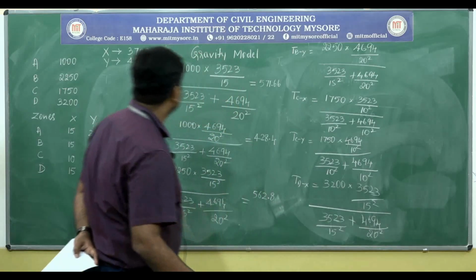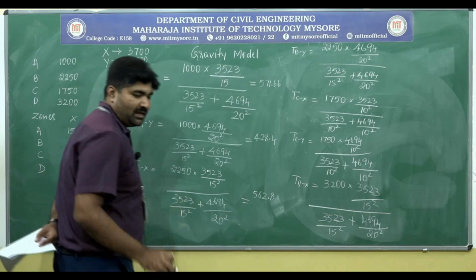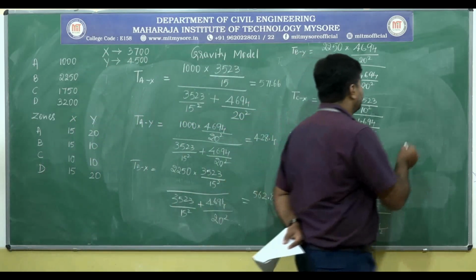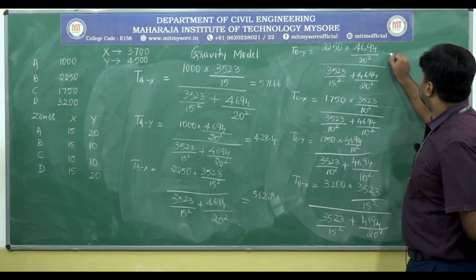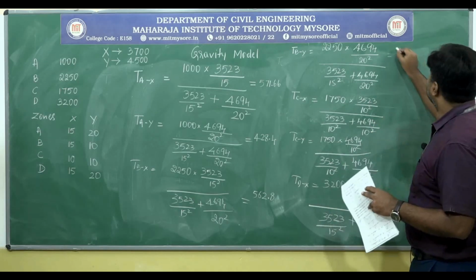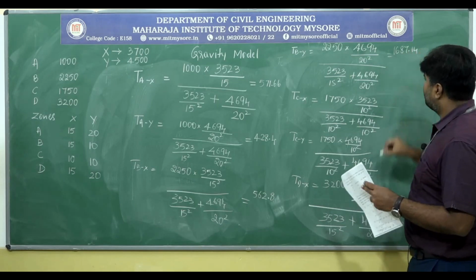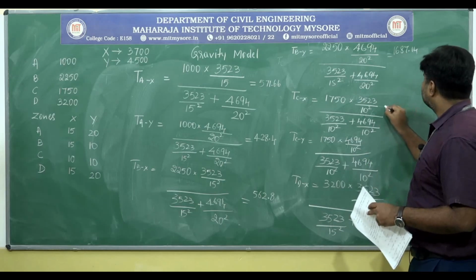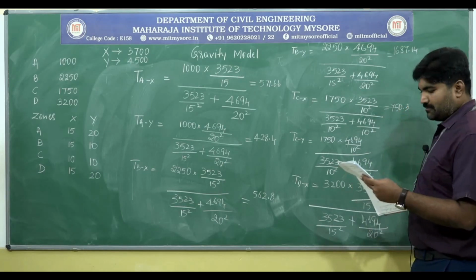Lastly, D to Y we have to calculate. I will write down here itself. Before that, let us see what B to Y is. B to Y will get 1687.14. C to X I got 750.3.